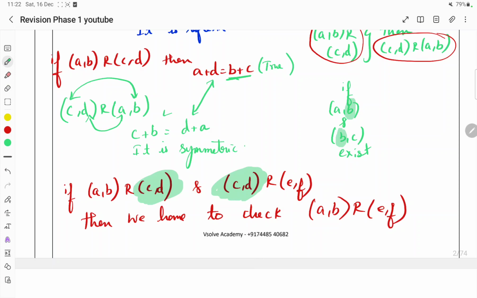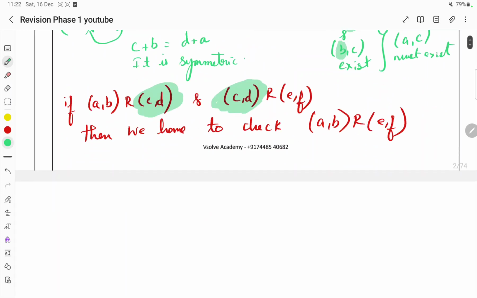Then we have to check whether (a, c) is there or not. Then (a, c) must exist to be transitive. Here it is the same thing. Now (a, b) related with (c, d) means I can write a plus d equal to b plus c.